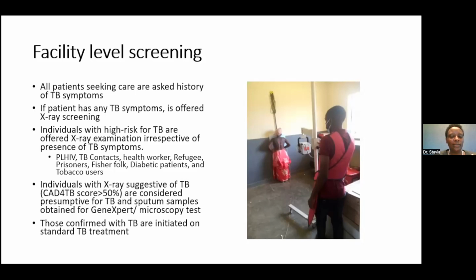At the 12 health facilities where the machines are placed, we do symptom screening of patients attending OPD, but also offer the X-ray service among those that present with symptoms, and also concentrate on attendees who fall in the high-risk categories that we have identified as contacts, people living with HIV, health workers, prisoners, and others.